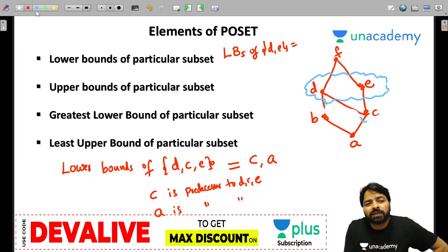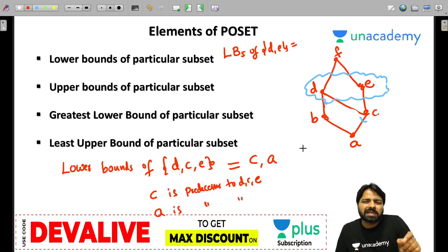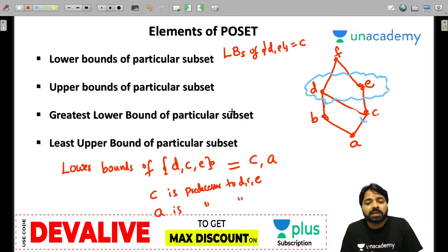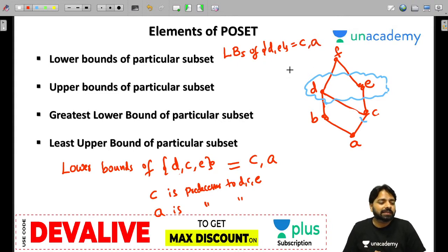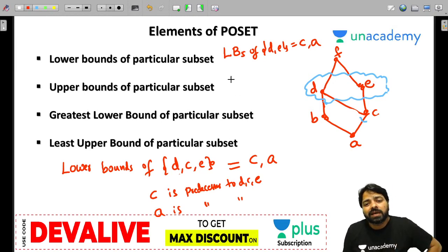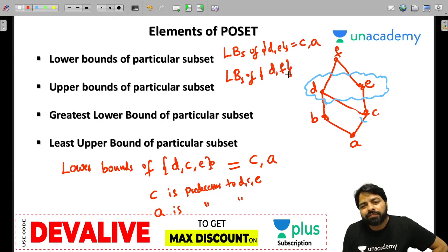Just don't look at one of them. Look at both of them. B, is it a predecessor to both? No. C is a predecessor to both. Yes. A is also a predecessor to both. Right. C and A again. If I take lower bounds of D comma F, then find out. Now my interest is changed to some other element.